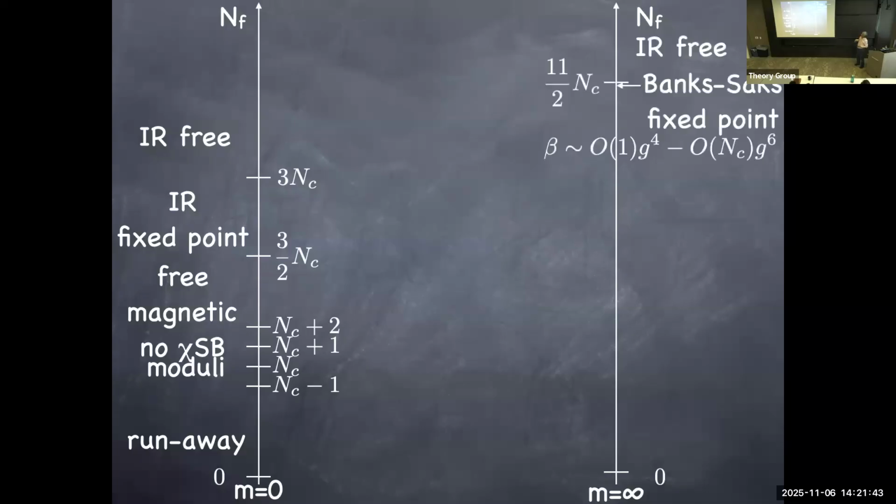And just below this limit, we do believe that the theory flows to an infrared fixed point, but at a higher number of flavors than we see in the supersymmetric case. Now, for the lower number of flavors, we basically know that the theory should break chiral symmetry because of the data. And of course, lattice simulations strongly support that idea. And in between, we don't really know what's going on.